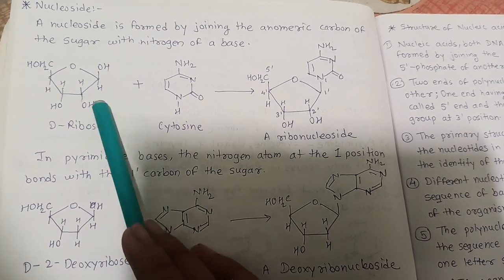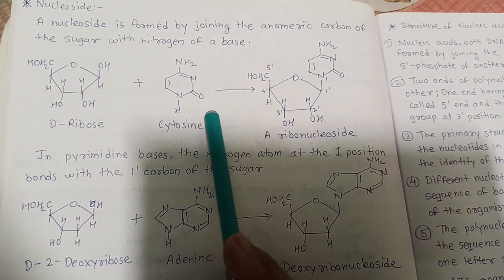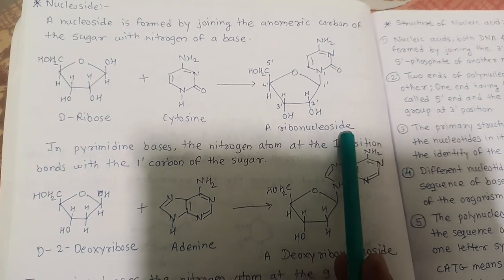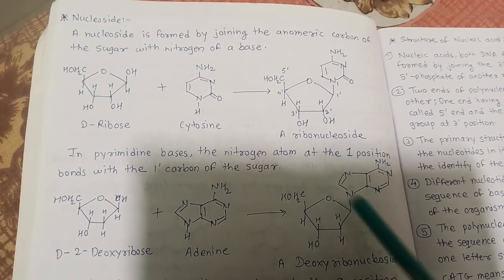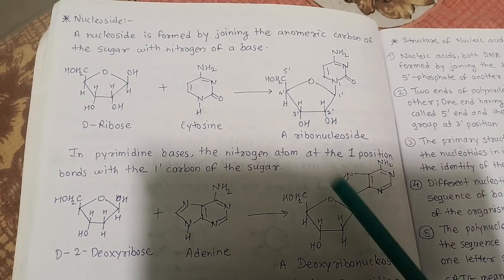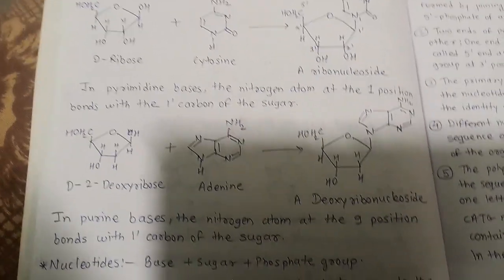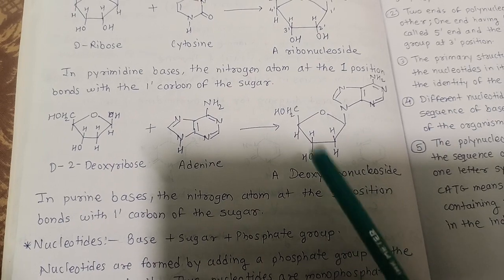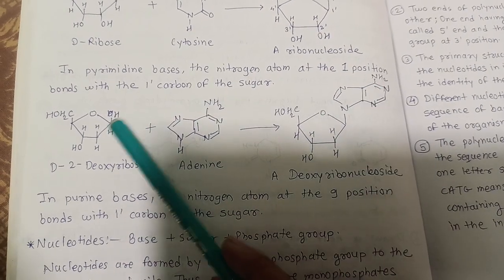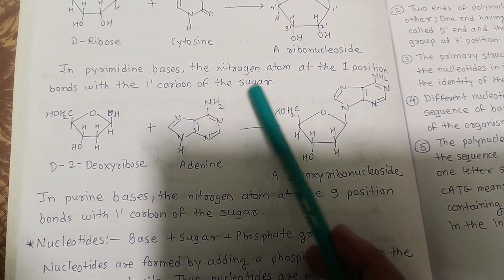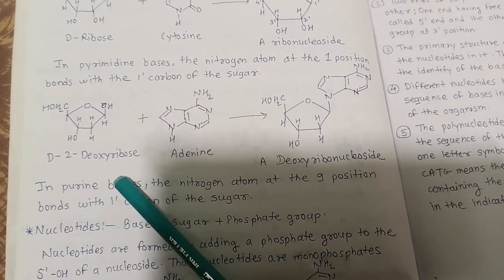OH of ribose and H of cytosine goes in the form of water and a ribonucleoside is obtained. So nucleoside basically contains sugar and base. In pyrimidine bases, the nitrogen atom at one position bonds with the 1 dash carbon of the sugar.